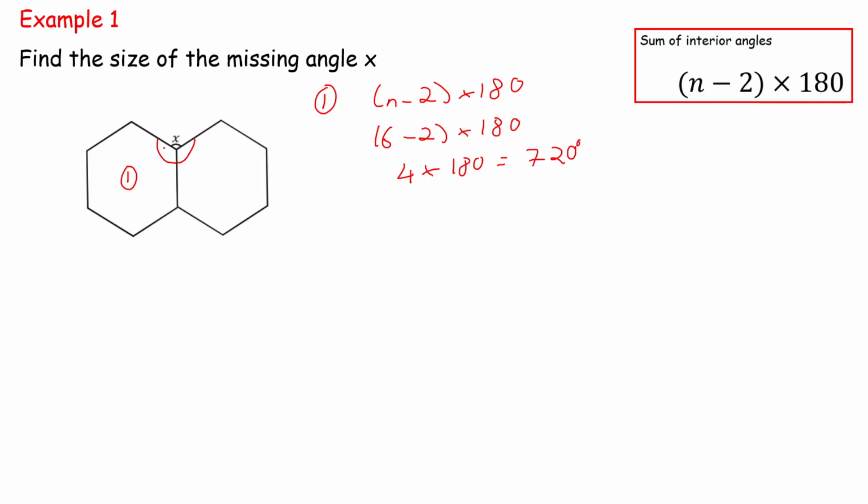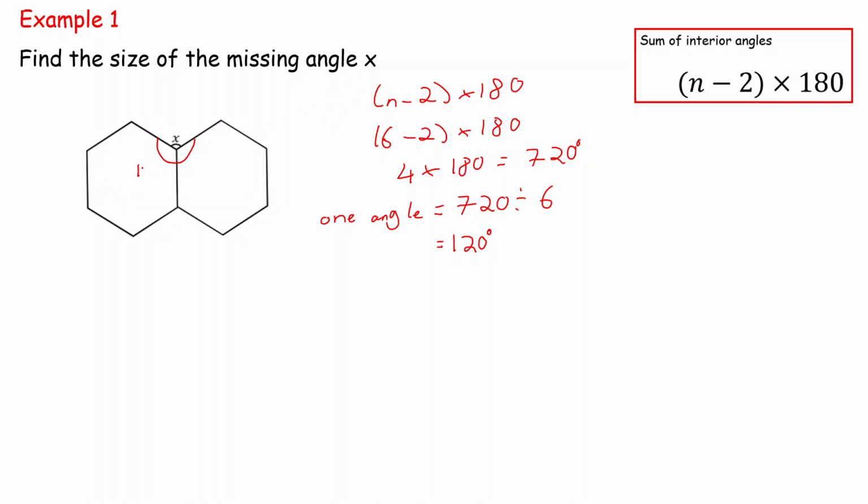So the sum of all of the angles in this first hexagon is 720. Now to get one of those angles, you can simply do 720 divided by 6 angles, which gives you 120 degrees. So 120 degrees.